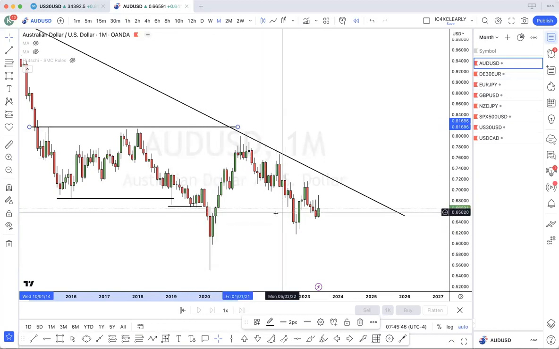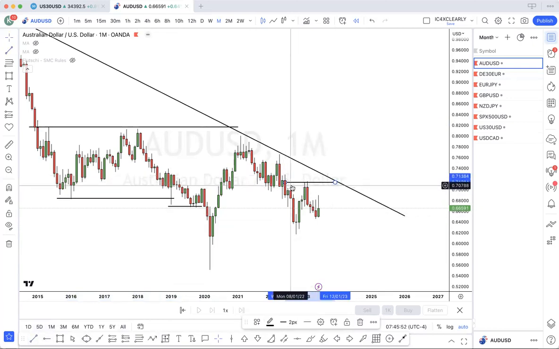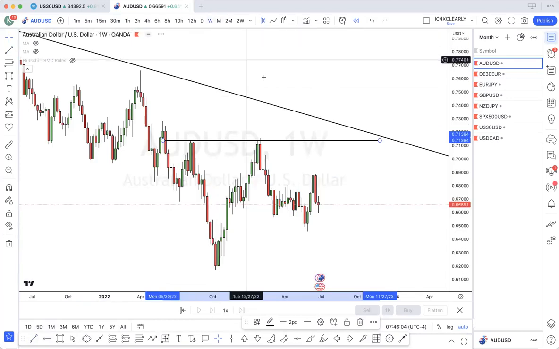So on the monthly, this is our swing high. It had a slight wick to pass. So let's go down to the weekly.